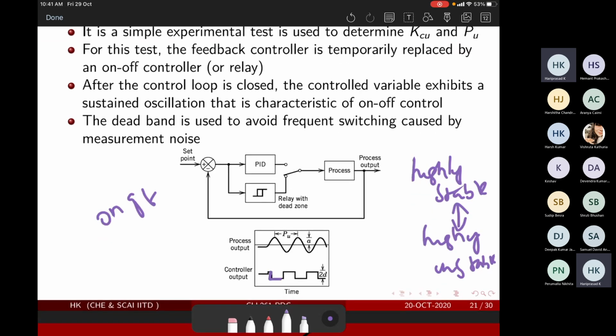It's on for some time, off for some time, on for some time, off for some time. And when you switch on and off, the input may be on and off, but your output will not be able to reach this fast, right?